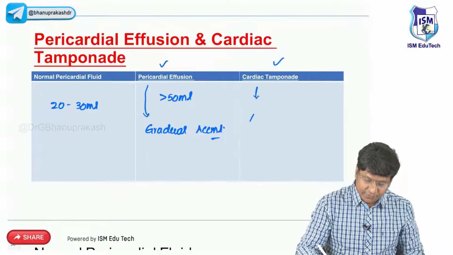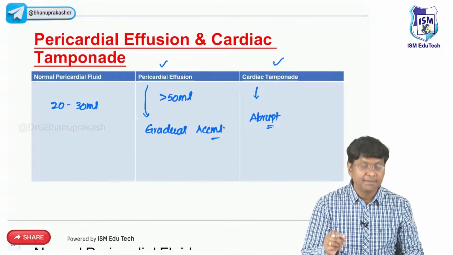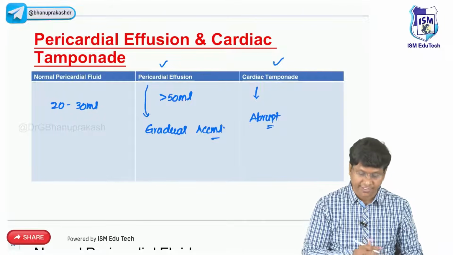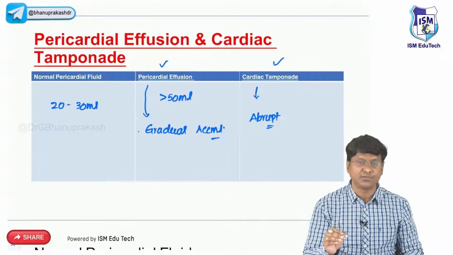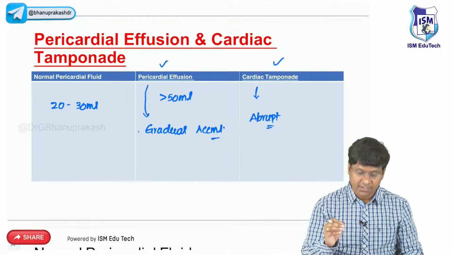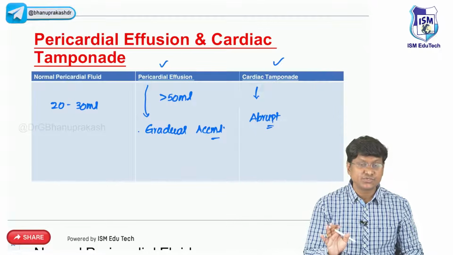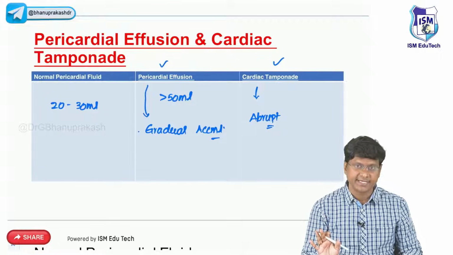But if it is an abrupt accumulation of fluid in the pericardial space, that will be cardiac tamponade. Now, please remember, it is the rapidity with which the fluid is accumulating that will decide whether it is pericardial effusion or cardiac tamponade. It is not the quantity.